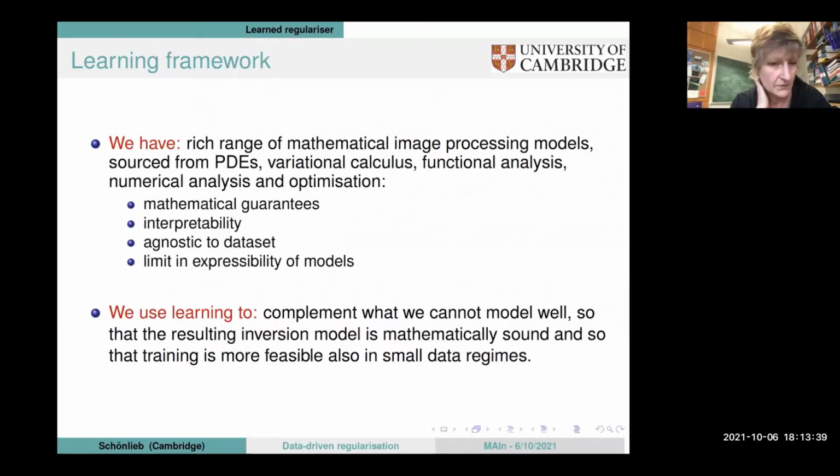So I think it makes sense to use this decoupled structure and slot in the neural network for the regularization, and then still solve a variational model in the end. And this is what I'm going to show you now.